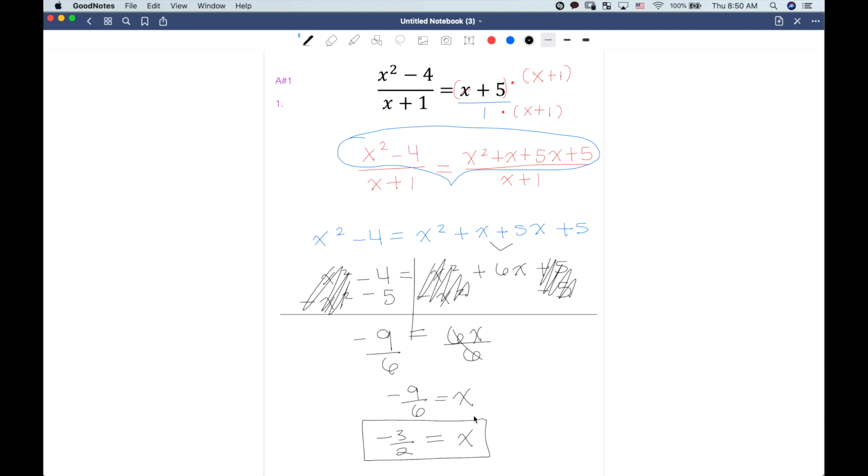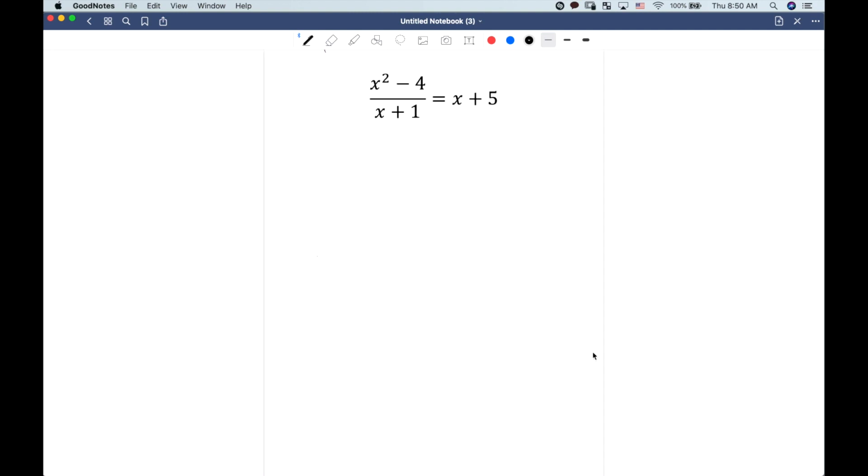Just like part 1, I'm not going to just assume that it is and move on. I'm going to check my work by plugging it back into the original problem. So negative 3 over 2. I'm going to plug this value in wherever I see the variable.